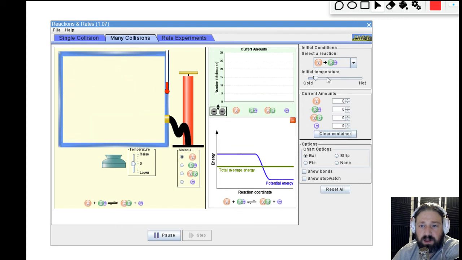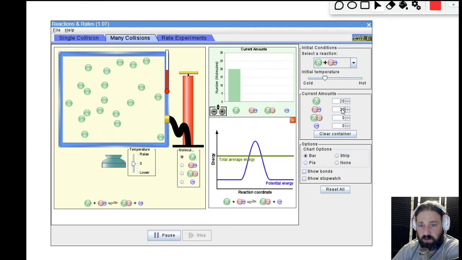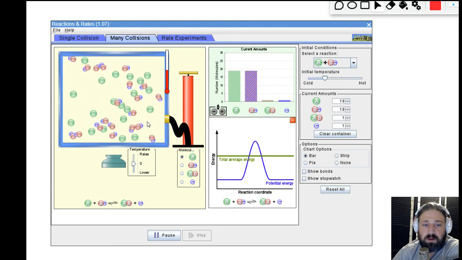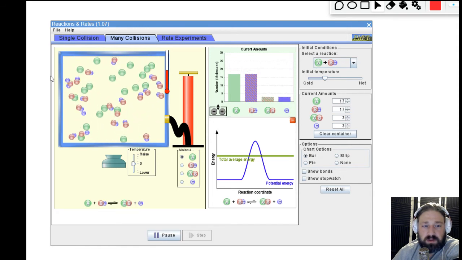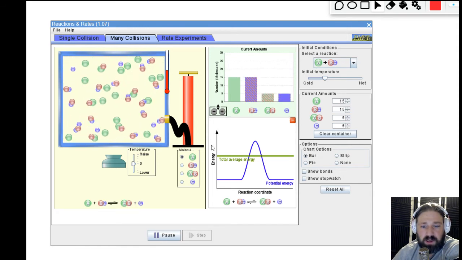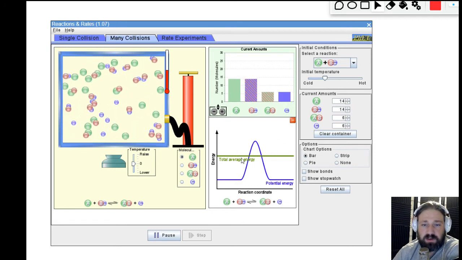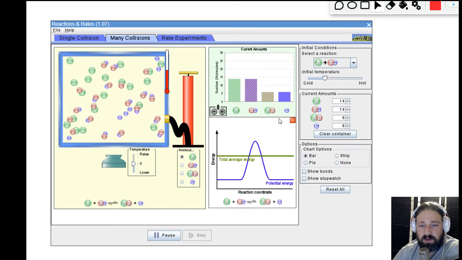Okay. Clear that container. Let's do this. Initial temperature right around there. Let's do again another 20, 20, go. See what happens. So they're bouncing around. Some of them are actually getting over. And it's going at a certain rate.